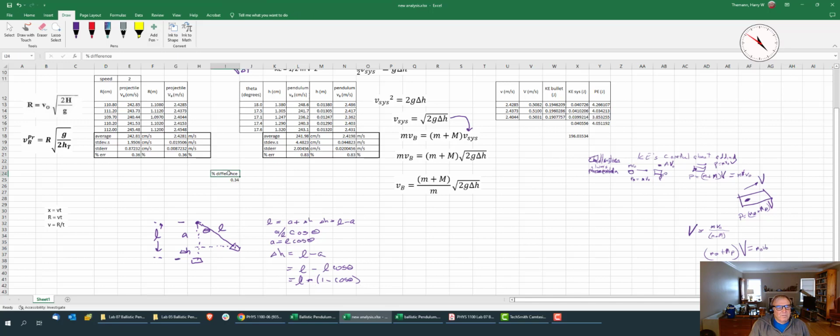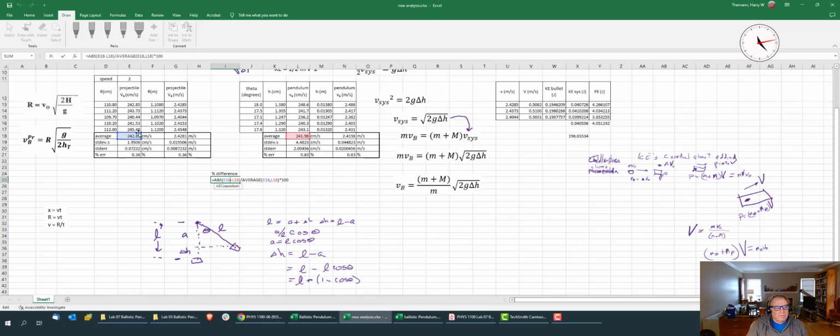Okay, so I could probably place this a little better, but remember we discussed in class that if I take the difference between them, and I use absolute values so it's positive, and I divide by the average value times 100, that's the standard way of saying the percent difference.